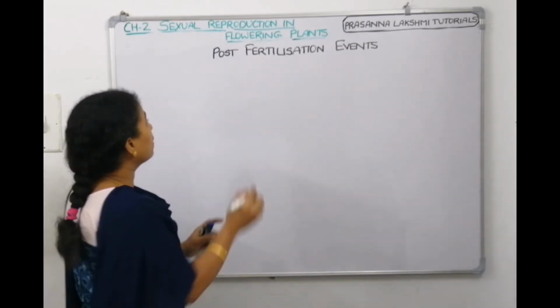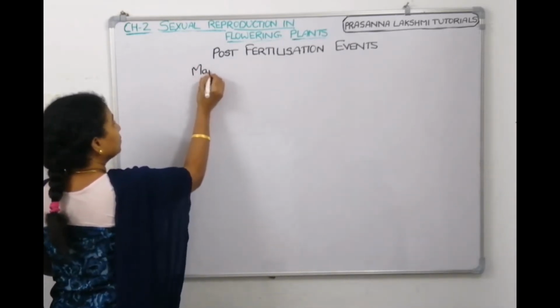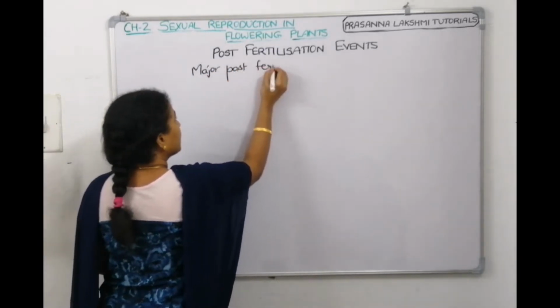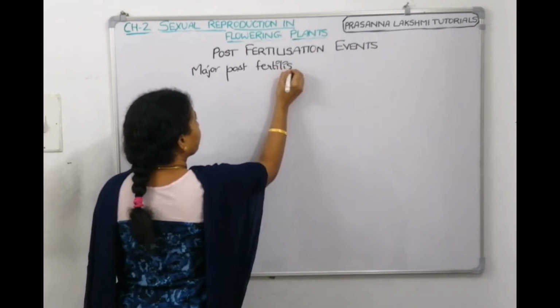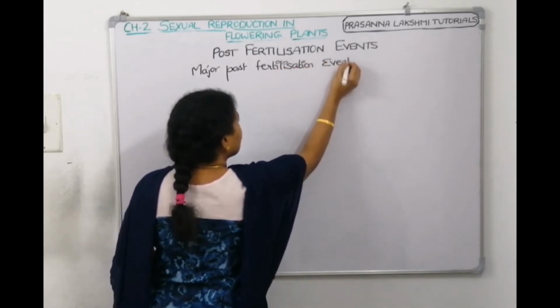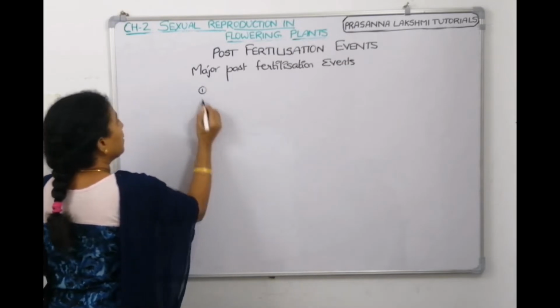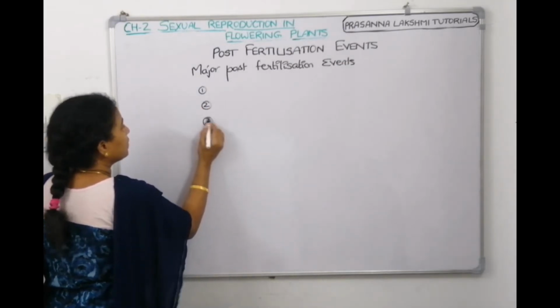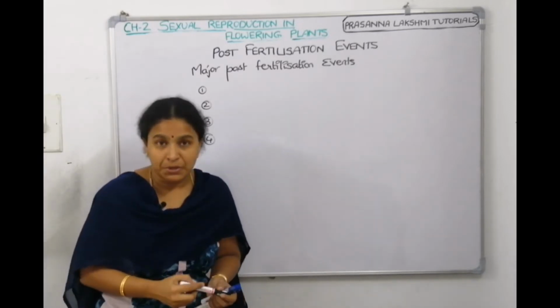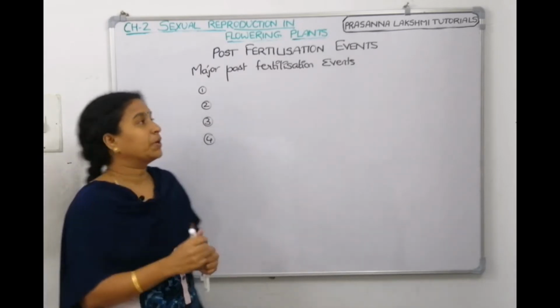If we have to list down the major post-fertilization events, what are they? There are 4 major post-fertilization events. The first one is developing the nutritive tissue, which is called endosperm development.